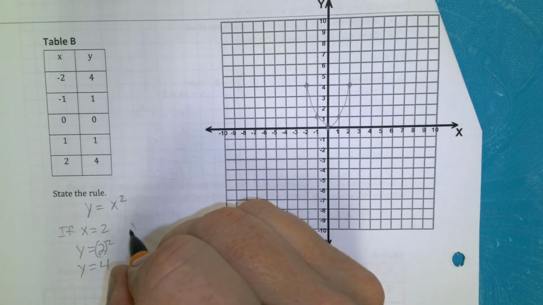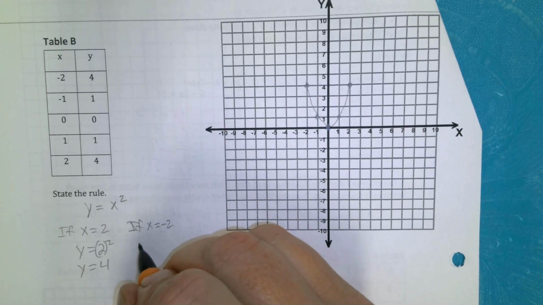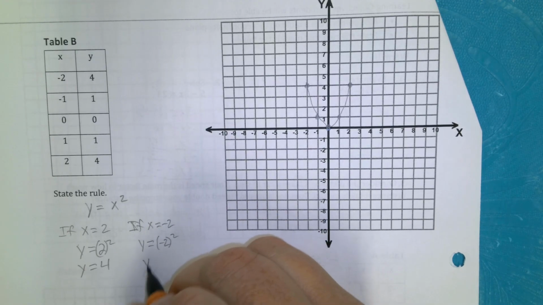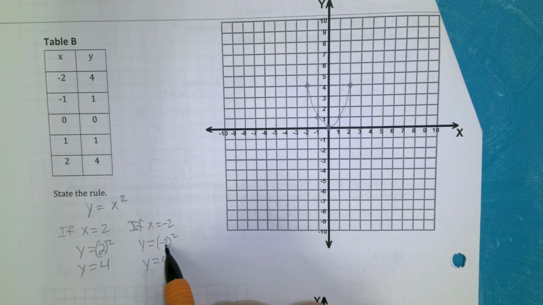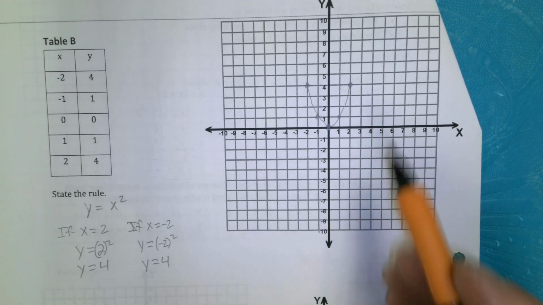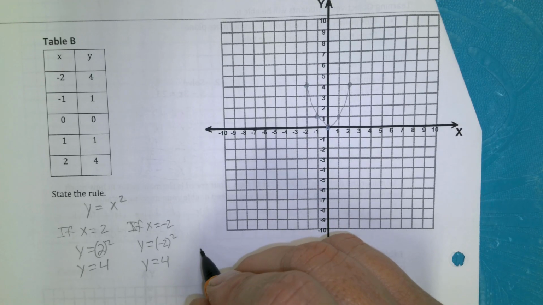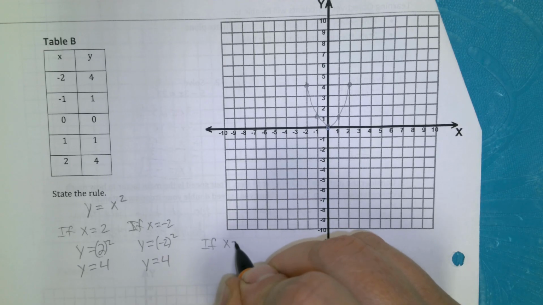If x equals negative 2, negative 2 squared is also 4, because negative 2 squared is negative 2 times negative 2. Two negatives make a positive. All right. I do want to add one more point here, and that point is when x equals 3.